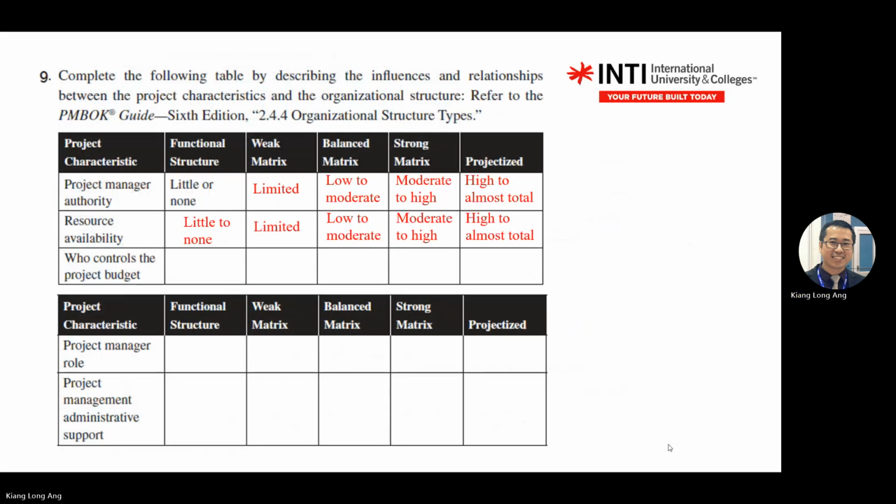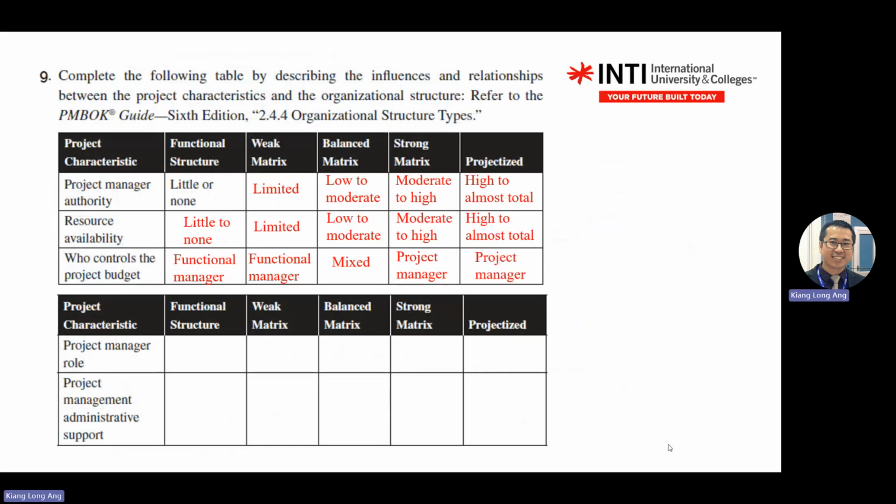Functional manager. Balanced is a mix between the two, functional manager and or project manager. Then it moves towards that side. Strong matrix means towards the project manager side already.